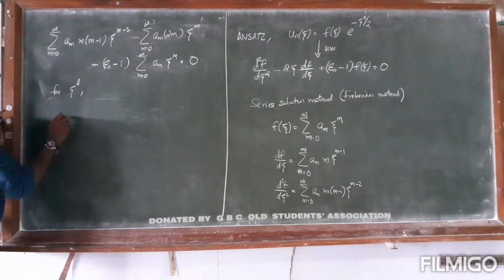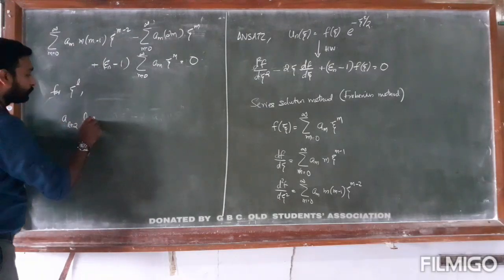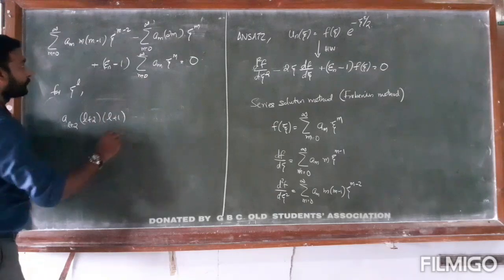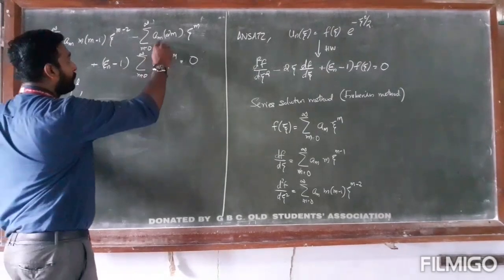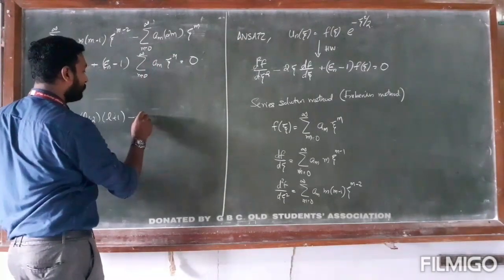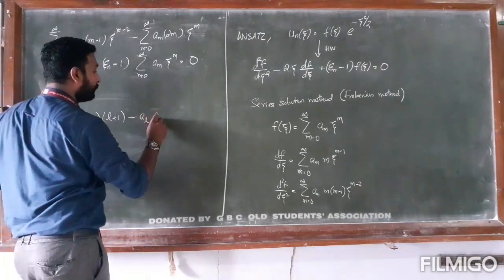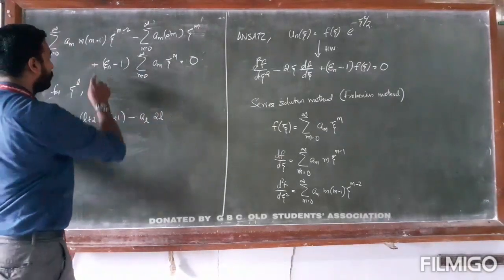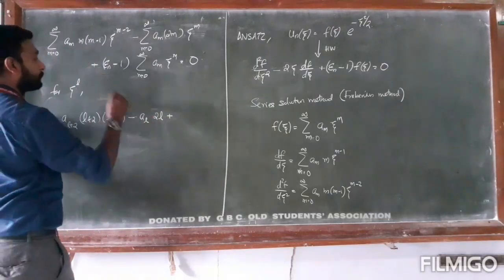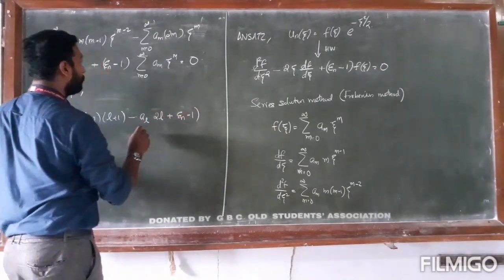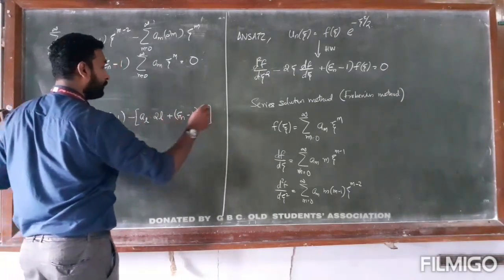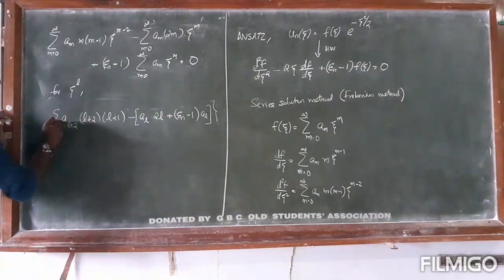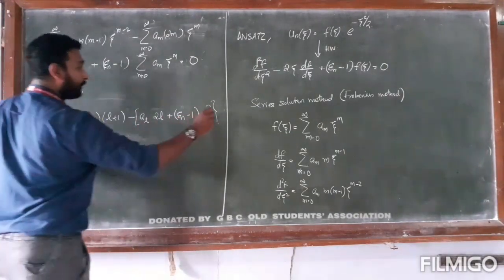So for theta raised to L, this equation term will be a_(L+2) into L plus 2 into L plus 1 theta raised to L, minus 2L a_L theta raised to L, plus epsilon n minus 1 into a_L theta raised to L, equal to 0.